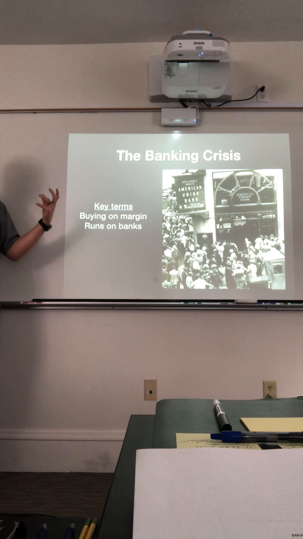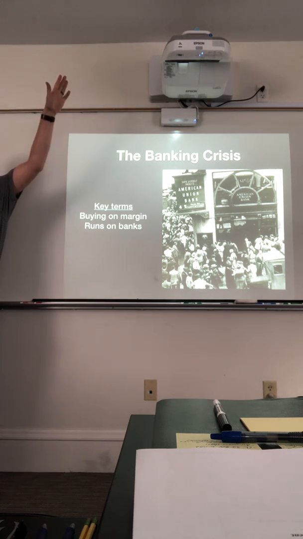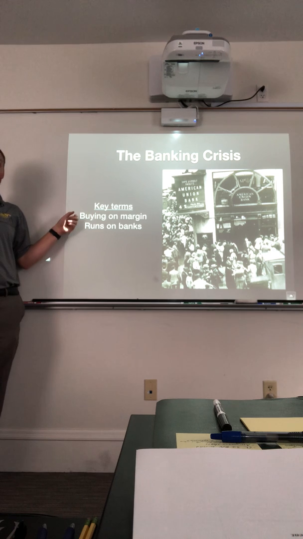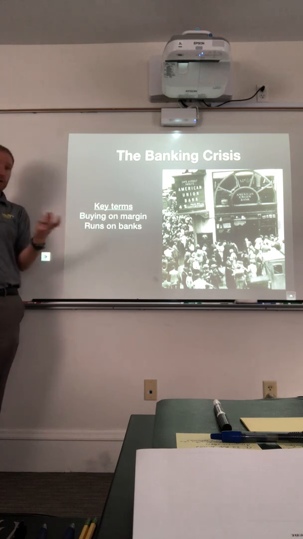Individuals, just average people who wanted to get into the stock market because they saw, stock market is doing awesome, people are making money, would go to banks in the 1920s and do something called buying on margin. And I want you to know what the term means.